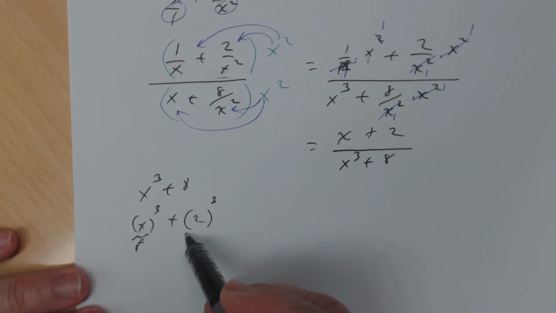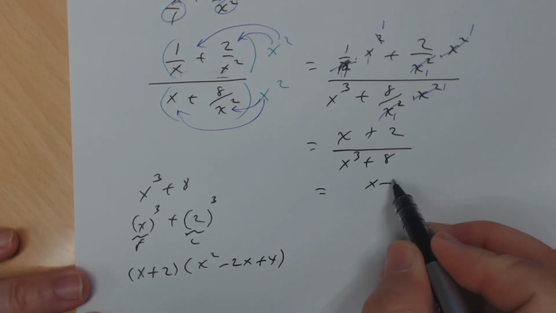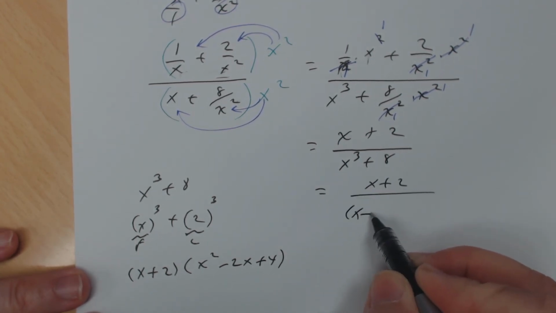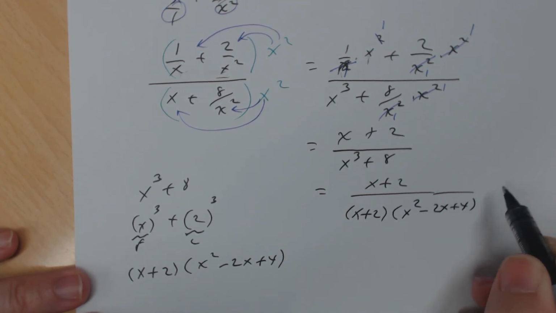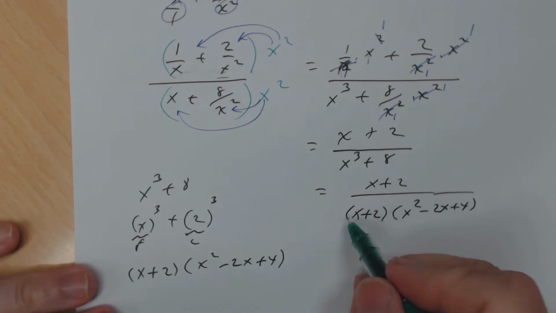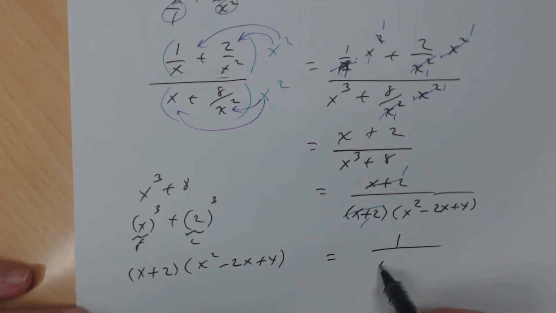This is your f, this is your L, and so I get x plus 2 times x squared minus 2x plus 4. So I get x plus 2 divided by x plus 2 times x squared minus 2x plus 4. Now reducing, the x plus 2's divide out, and don't forget to put 1's in their place, and the answer is 1 divided by x squared minus 2x plus 4.